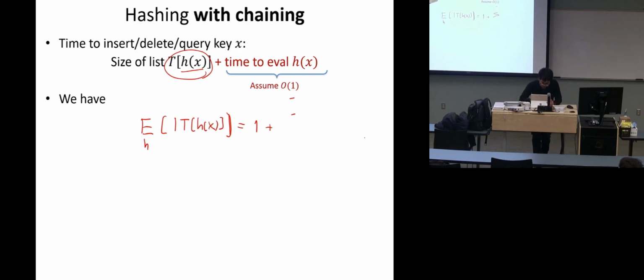But then you need to sum over all y in the set which is not x, the probability that h of y is h of x.